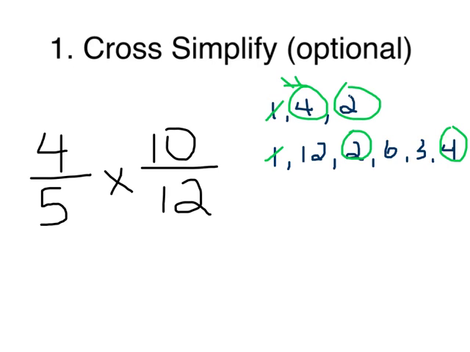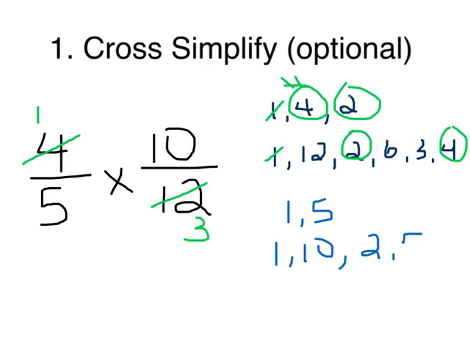So in my problem, 4 goes into 4 one time, and 4 goes into 12 3 times. I can do the same thing for 5 and 10. So in this example, the factors of 5 are 1 times 5, and the factors of 10 are 1 times 10 and 2 times 5.